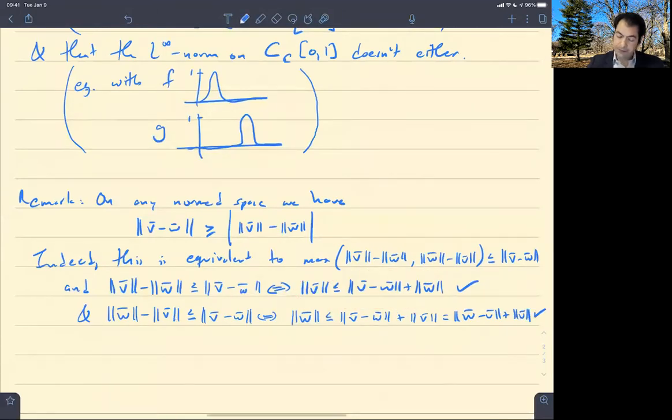So that's also true. Okay, so that means that we've established on any normed space, we have this sort of reverse triangle inequality.